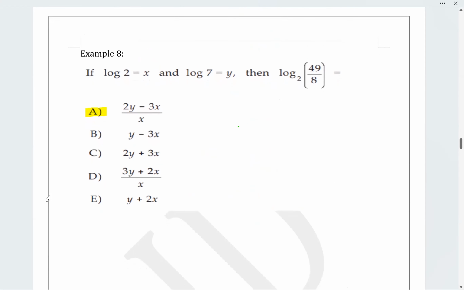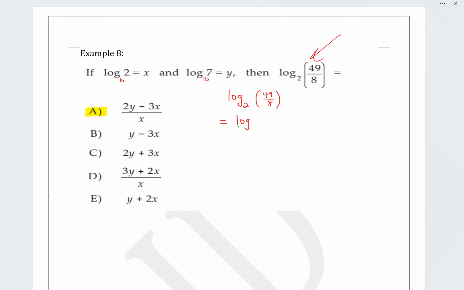Now let's look at this one here. This is log of 2. So you can see here, this is like saying you are given everything in base 10, but now you want to find something in base 2. So it's your choice. We can start by saying log to base 2 of 49 over 8, right? Directly, you can go to base 10, or you can do some simplification, but let's just change base directly.